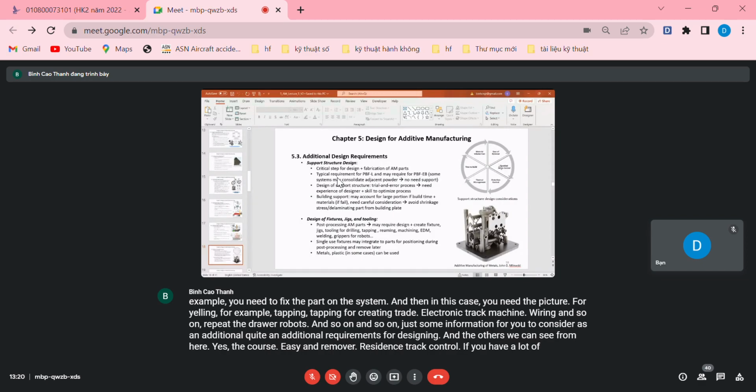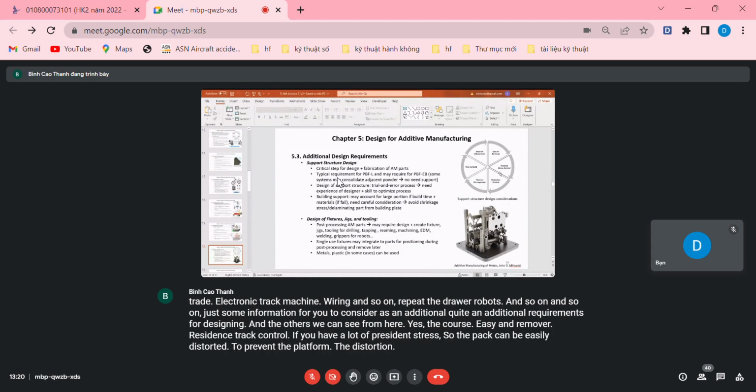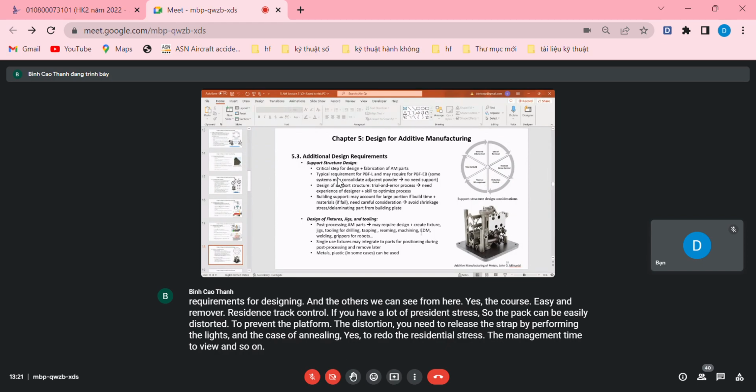If you have a lot of residual stress, the part can be easily distorted. To prevent the part from distortion, you need to release the stress, for example by annealing, to reduce the residual stress. Also thermal management, time to build, and so on.